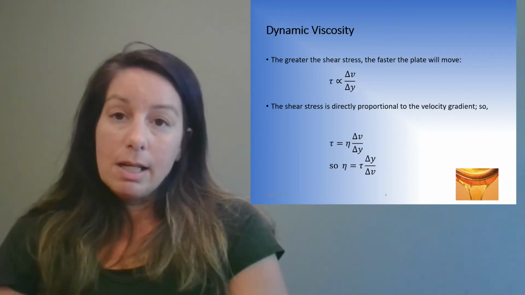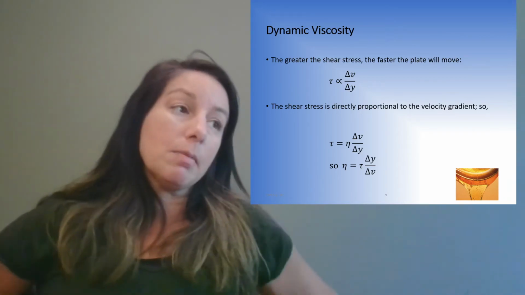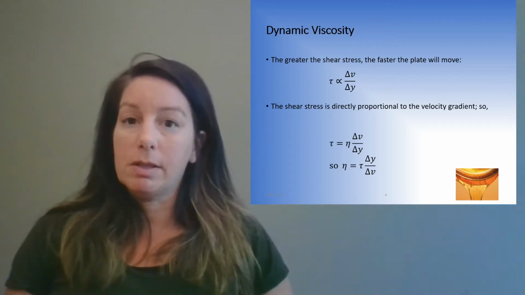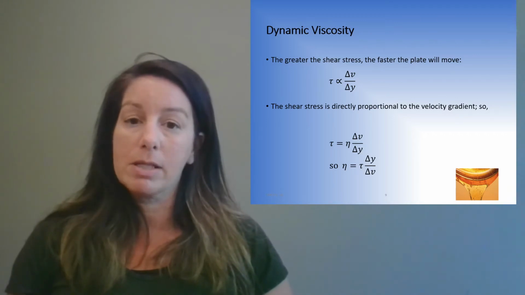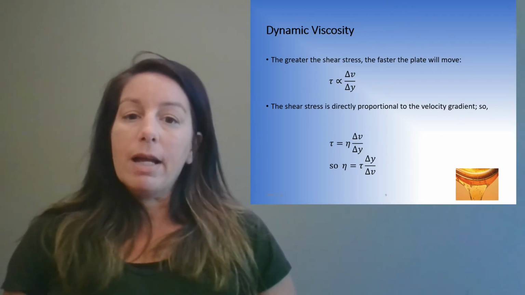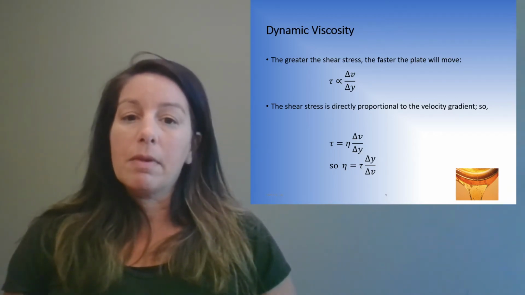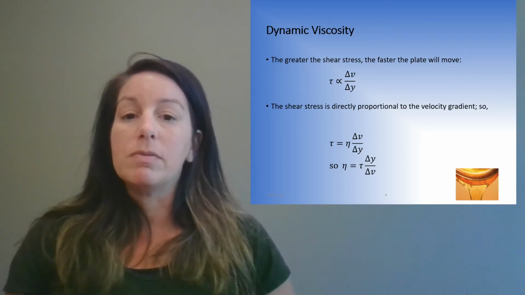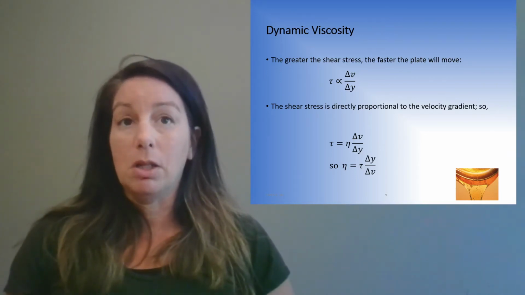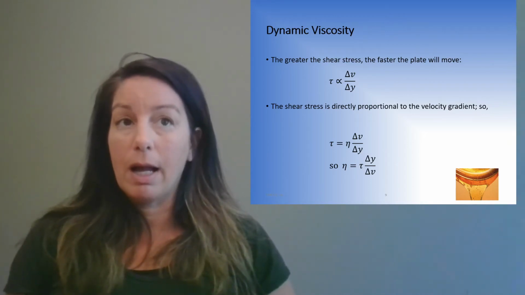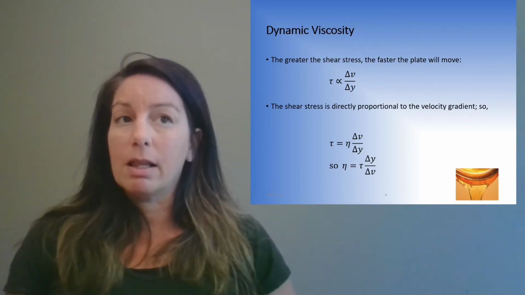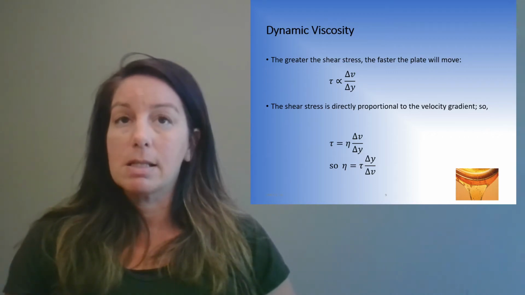Dynamic viscosity. So remember at the beginning when we talked about how there's different types of definitions of viscosity, dynamic and kinematic. So we're going to talk about the dynamic viscosity. The greater the shear stress, the faster the plate will move. So, I mean, usually. So the more shear stress, this tau that you're applying, the faster that the plates will move. Makes sense intuitively, right?